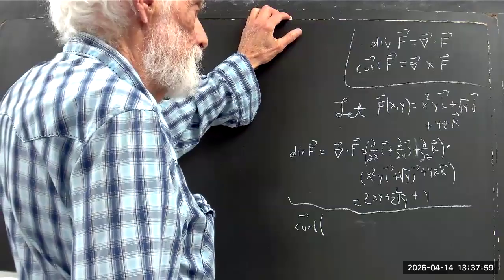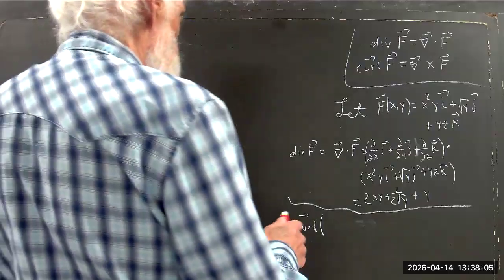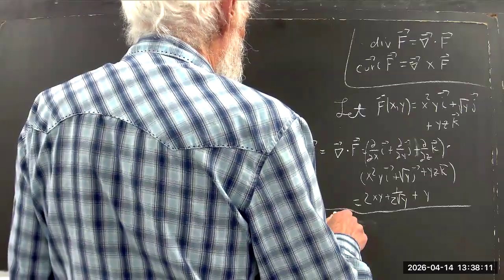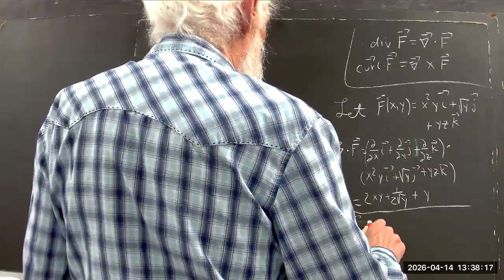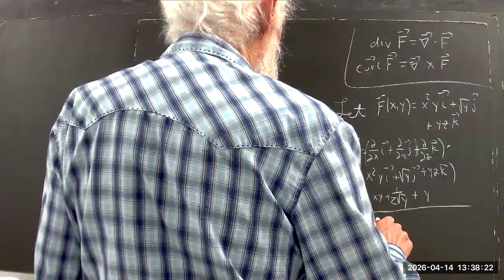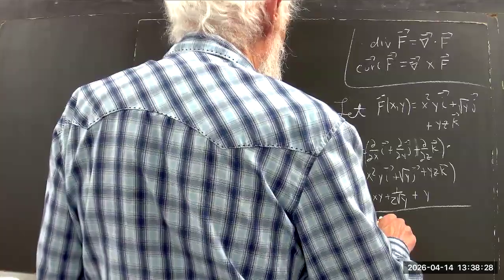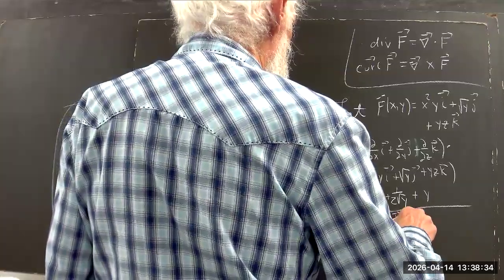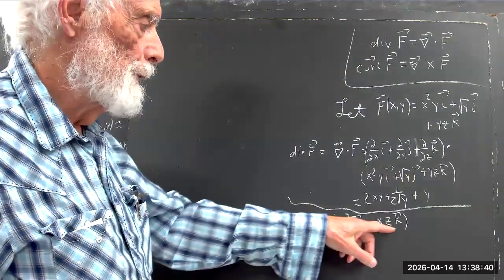Okay, so the curl of, I don't want to do the curl of this function. I'm going to do a curl of kind of a simple function here. Well, we're going to do a curl of xy squared i minus xz k.